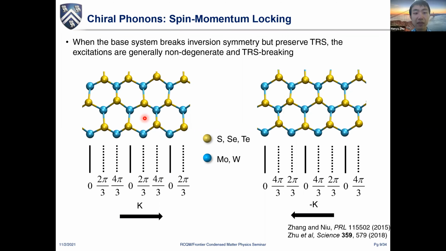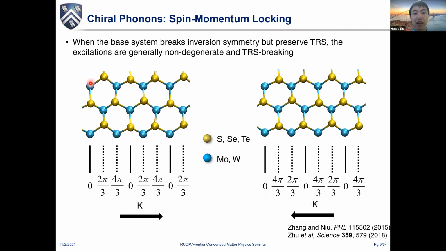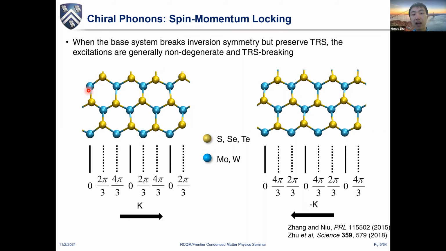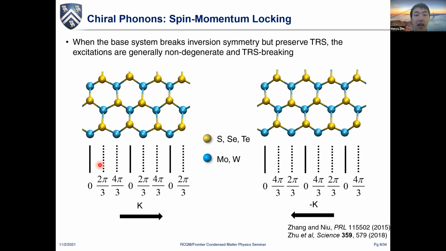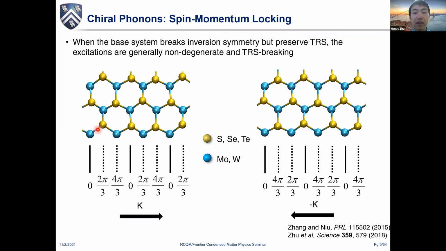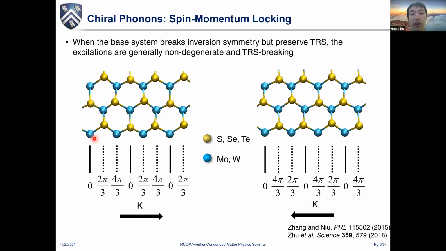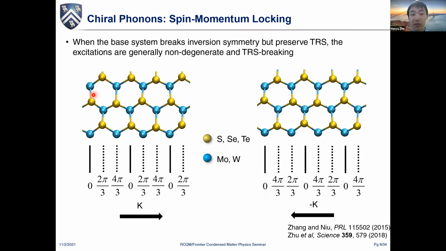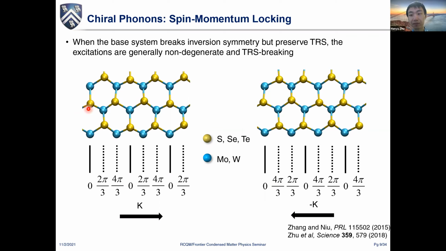And this mode happens to be rotating, say, the B sublattice, and the A sublattice stays still. It is provable that this atom, when the plane wave is propagating to the right, must rotate clockwise.